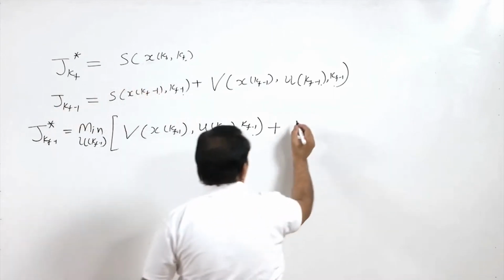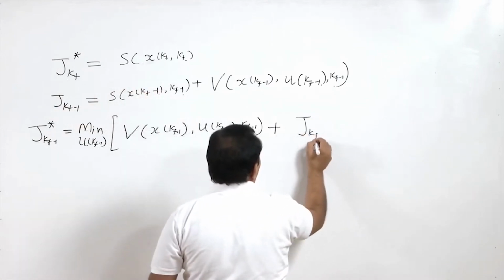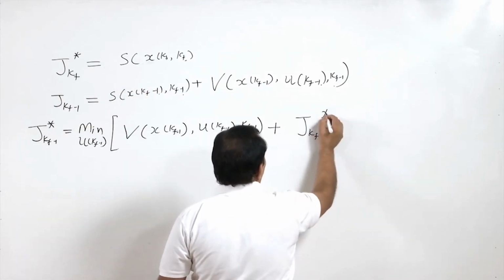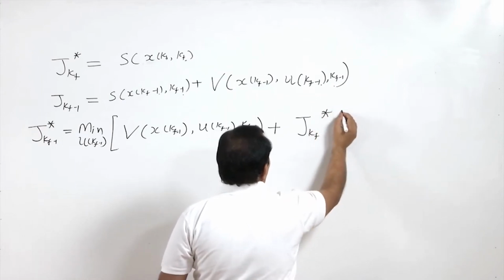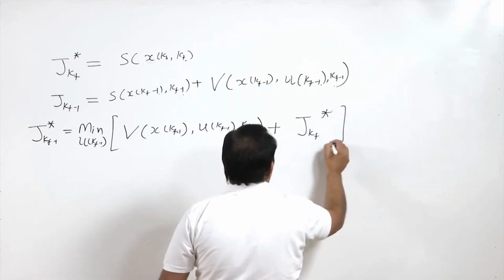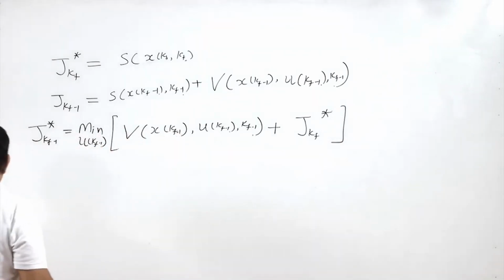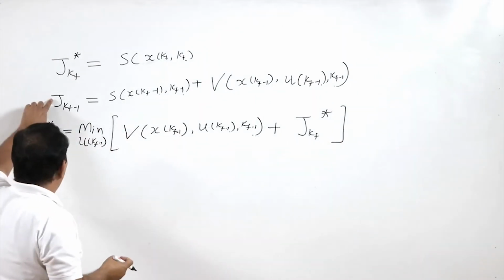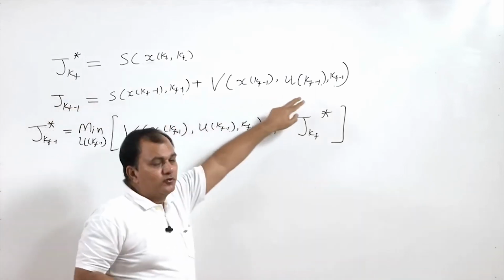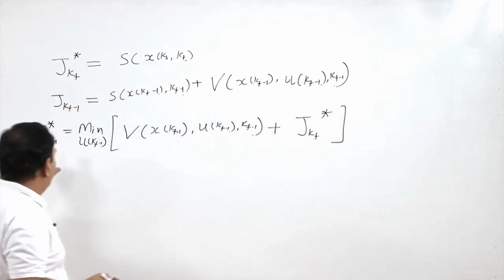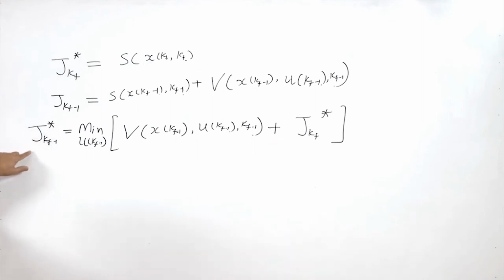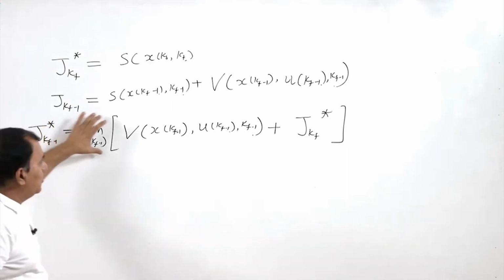I can write as Kf, so J of Kf. So, with respect to U, if I will find out the minimum cost of this, it is giving me the minimum cost of J of Kf minus 1. To find this, what we can do, del of J of Kf minus 1 by del U of Kf minus 1. So, this is giving you the minimum cost.